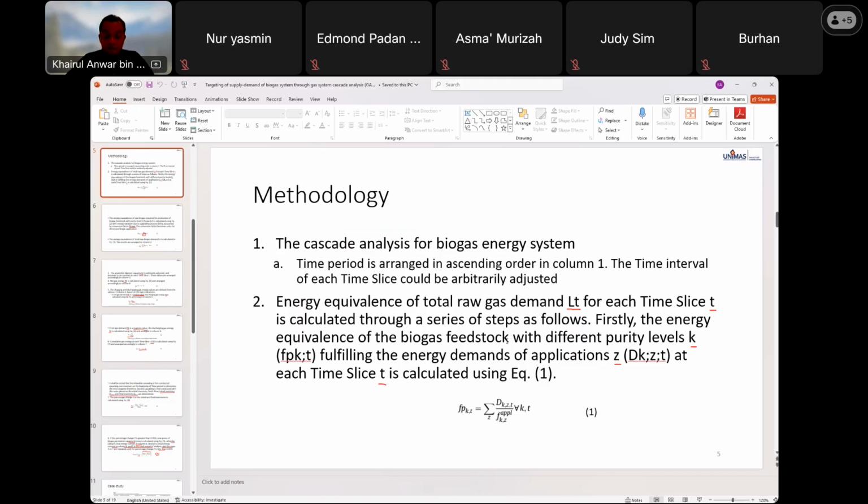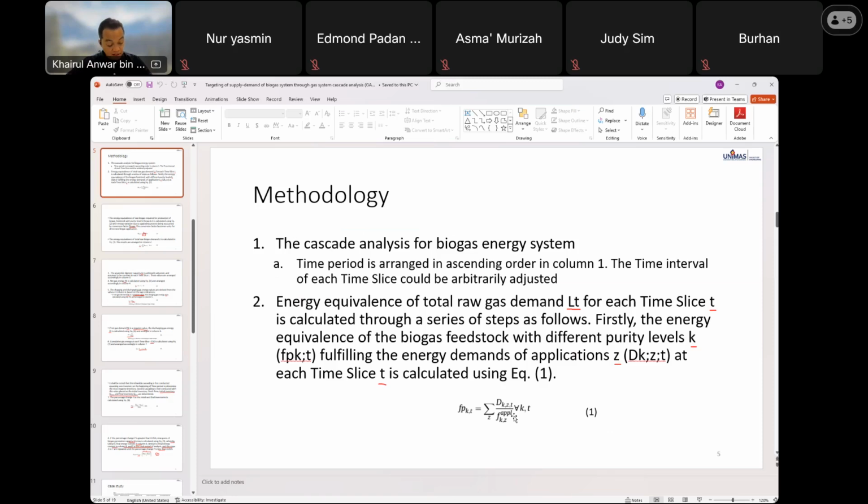Firstly, the energy equivalent of the biogas feedstock with different purity level K, FPKT, is equal to DZKT demand over FAPPL.